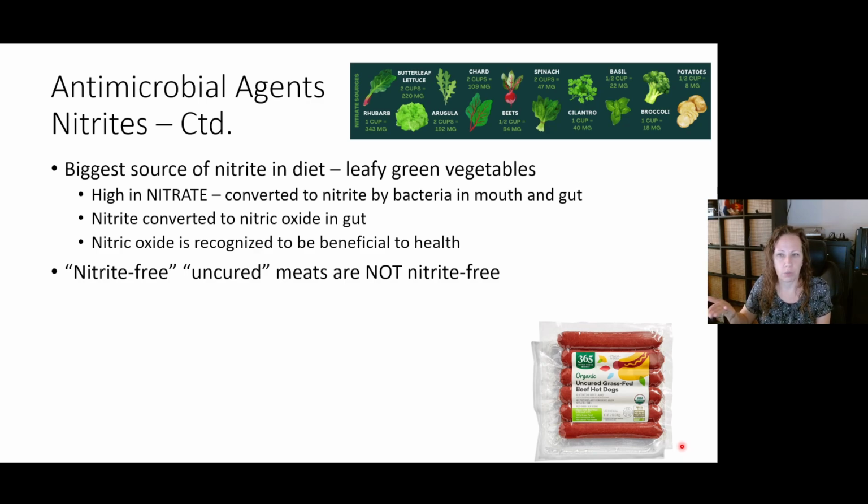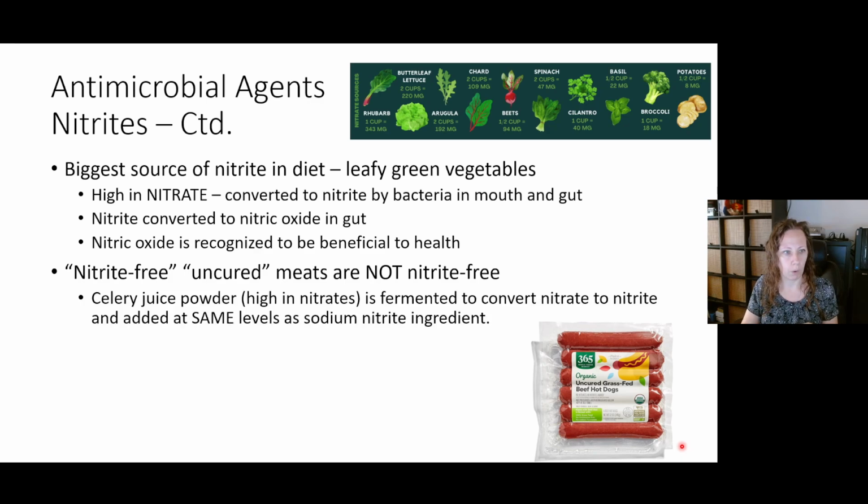So originally, the reason this regulation was written was because, well, nitrite protects our food. And if you aren't adding it, you need to label it uncured so your consumers know, hey, this isn't being protected by nitrite. But unfortunately, it didn't account for what would happen multiple decades later, where we're now trying to not have the ingredient sodium nitrite for labeling purposes, but in actuality, we are adding it in a different form.